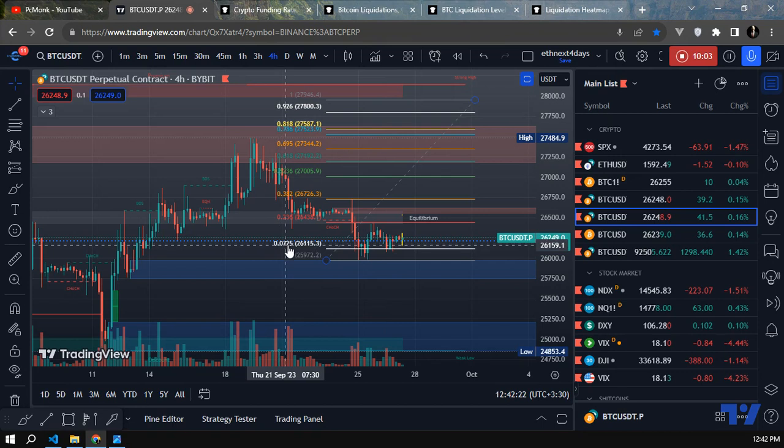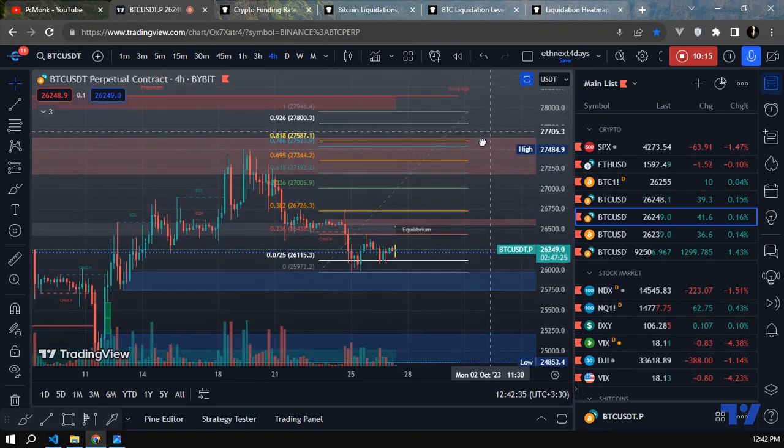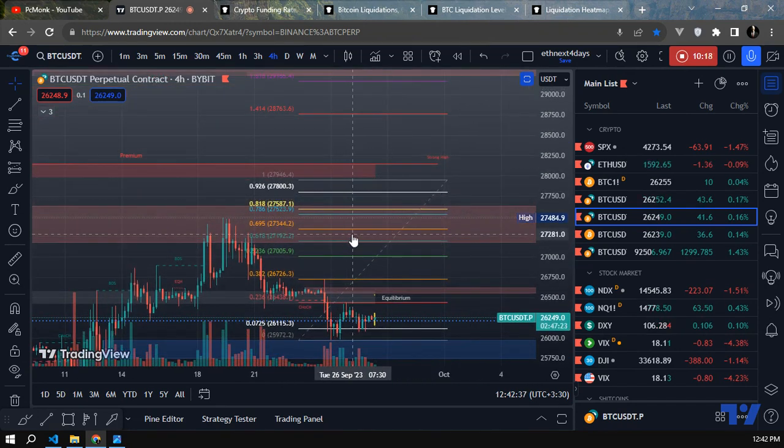But now we hit the 725, and we are probably going to take a leg up. The first level we have to break is our golden pocket, which is 618. Keep in mind, this is only a simple Fibonacci, not a retracement, and the one is our target, which is 27.9, somewhere around there.